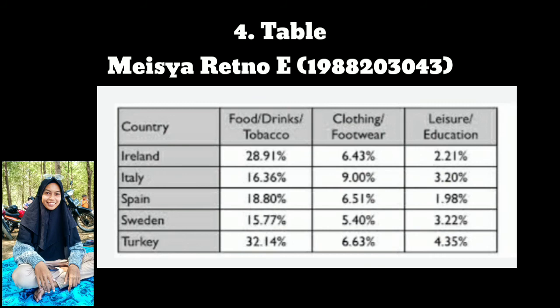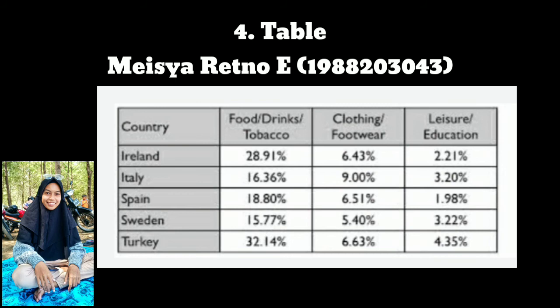Then the table also serves to make it easier to see the changes that have occurred in a thing, whether it is up or down. In addition, the table also has a function to provide a summary in the form of numbers in an organized manner.